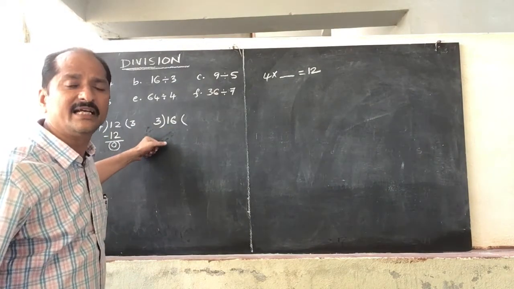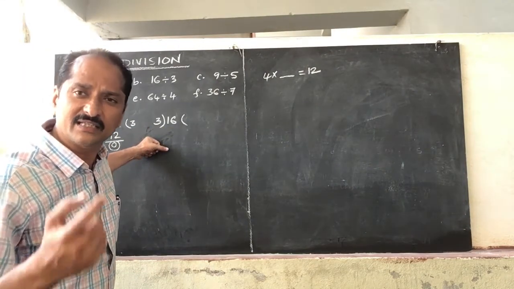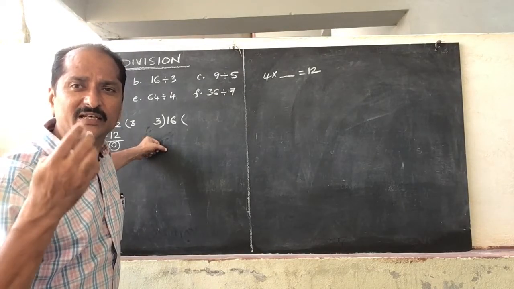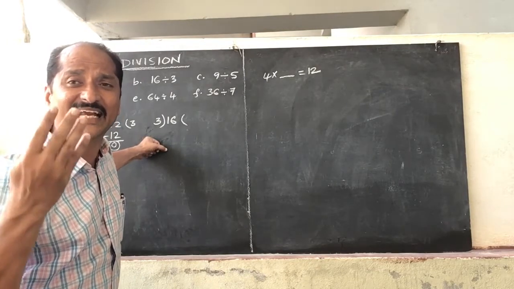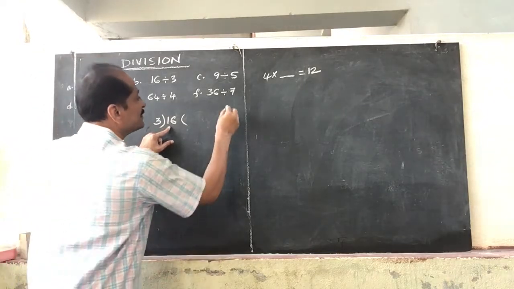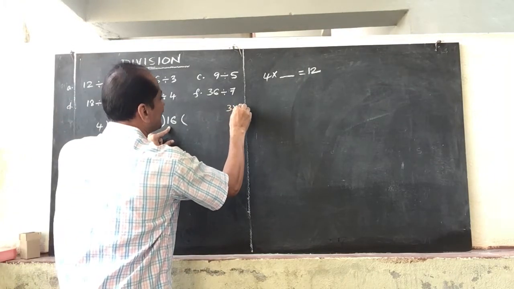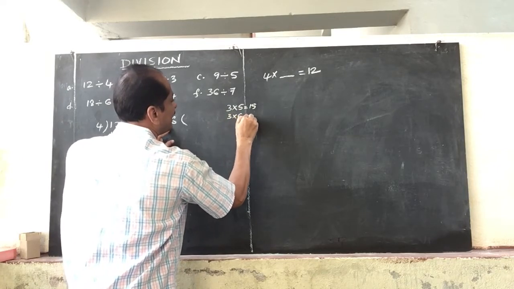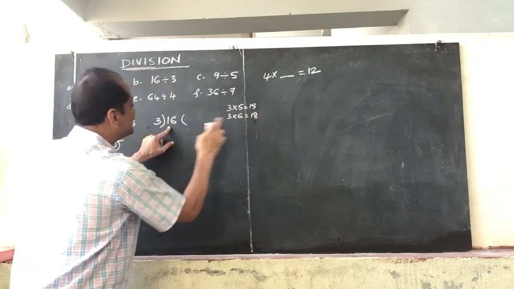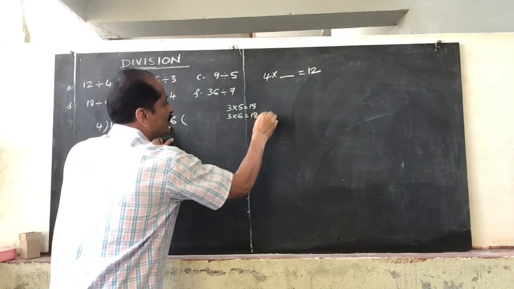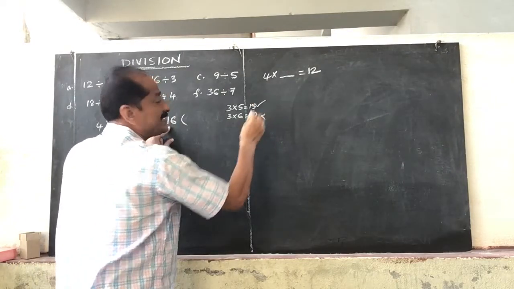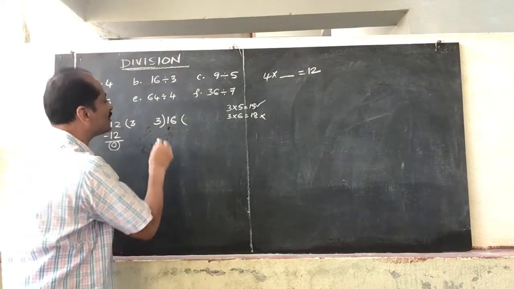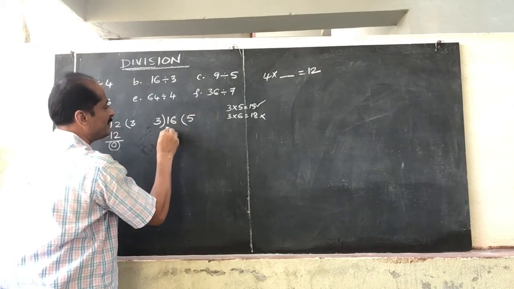So 3 1 is 3, 3 2 are 6, 3 3 are 9, 3 4 are 12, 3 5 are 15, 3 6 are 18. So see here, 3 5s are 15 and 3 6s are 18. Here 18 is greater than 16, so we should not take this one. So 3 5s are 15. 5 times you have to take.